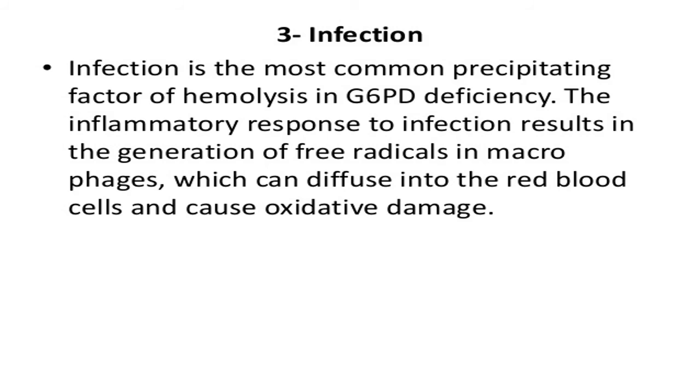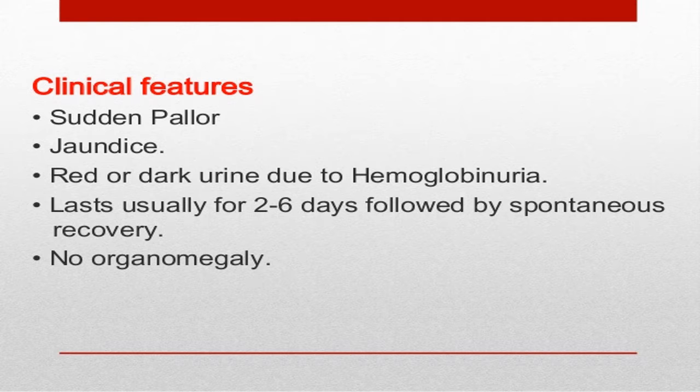Clinical features: there is sudden pallor, paleness. Jaundice may be seen. Dark or red colored urine due to hemoglobinuria may be seen, which usually lasts about 2 to 6 days, followed by spontaneous recovery. There is no organomegaly.